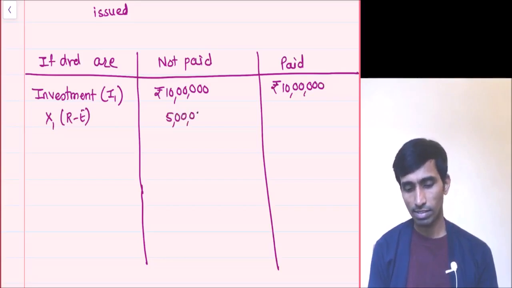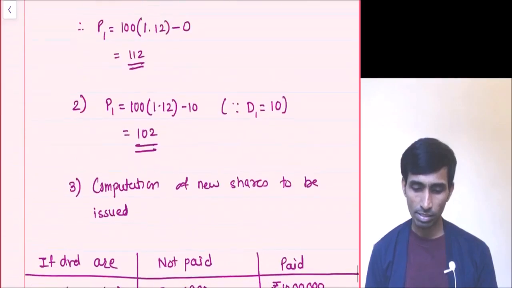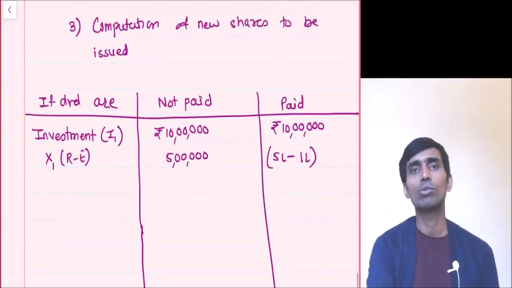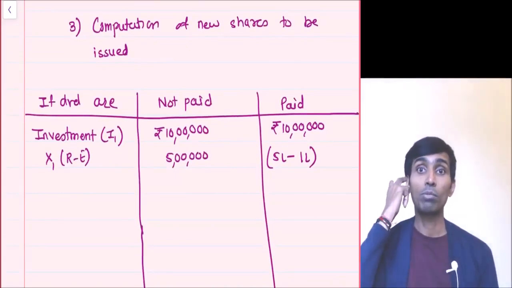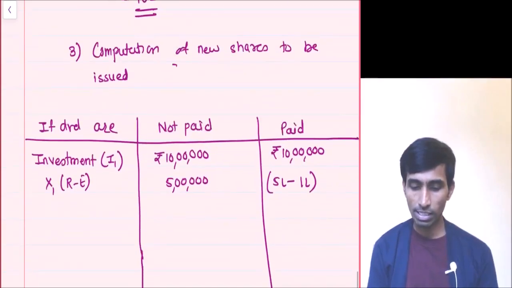5 lakhs because dividend is not paid, but here out of 5 lakhs you will minus the dividend paid, that is 1 lakh. Remember, dividend paid is 1 lakh. How did I come to know it is 1 lakh? Let me write the number of shares somewhere.